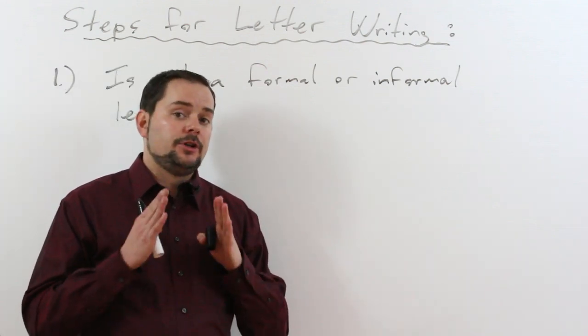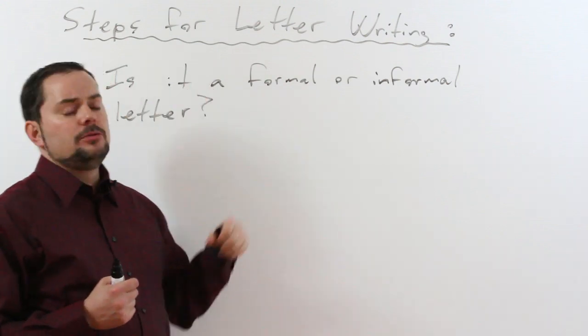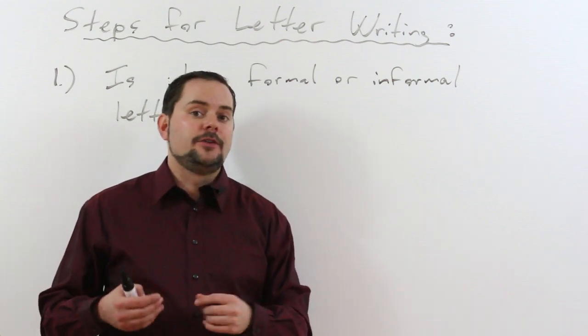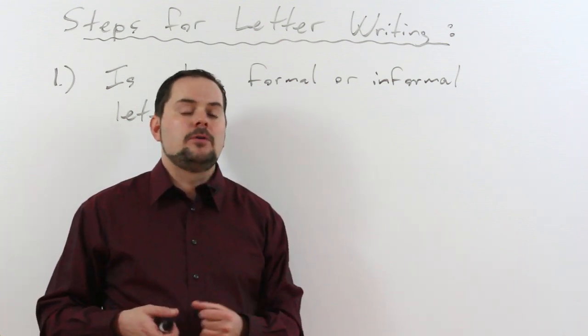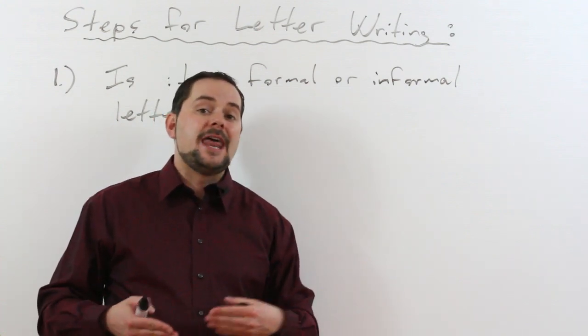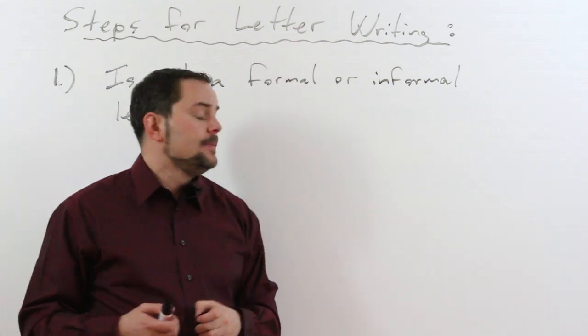We want to be more direct, more to the point, very clear with our ideas. And we also avoid contractions like isn't, we say is not, or I'm, I am, or hasn't, has not, or would've, would have. So here we don't use contractions, it's more formal.